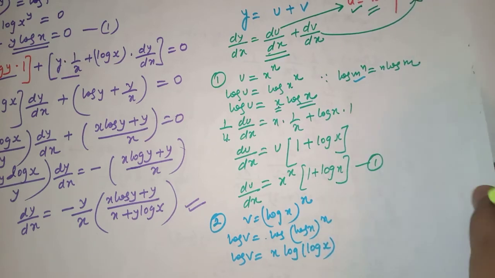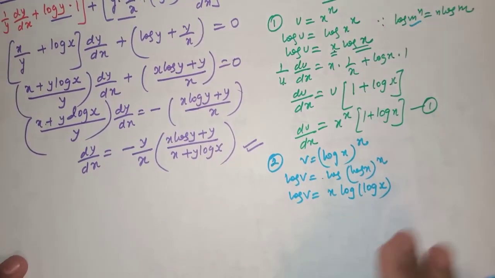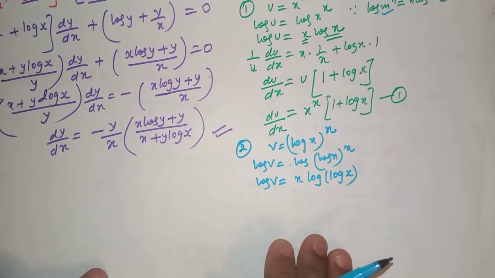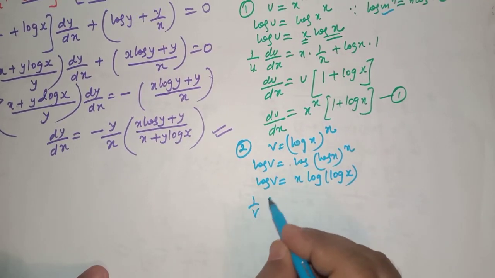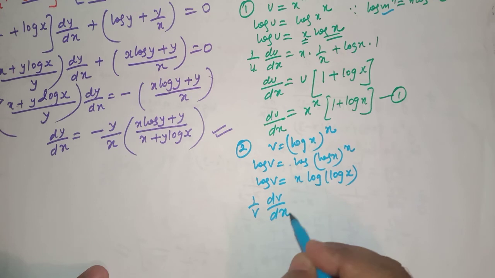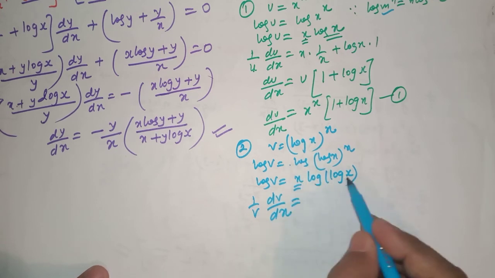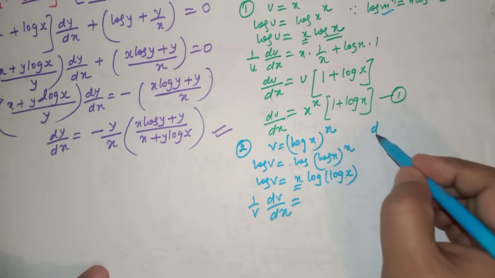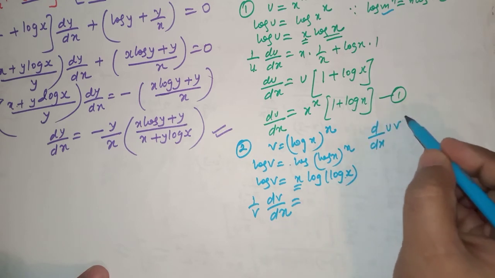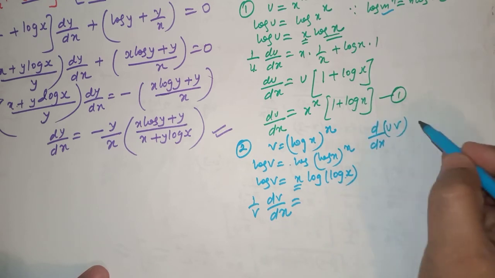Clear? Now we'll differentiate both sides. So we'll get 1 over v dv over dx equal to, now again this becomes the product of two functions, and for the product of two functions we will apply this rule.